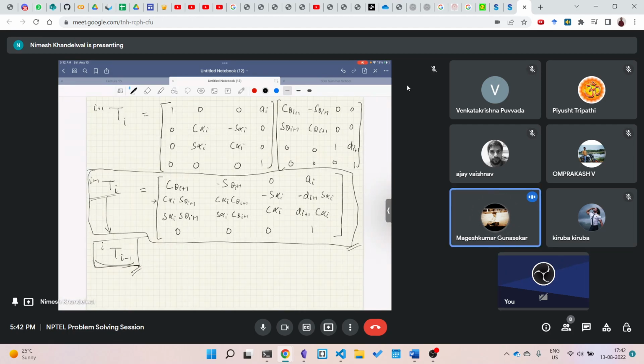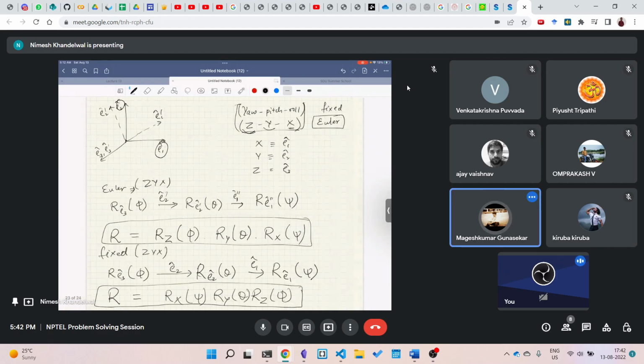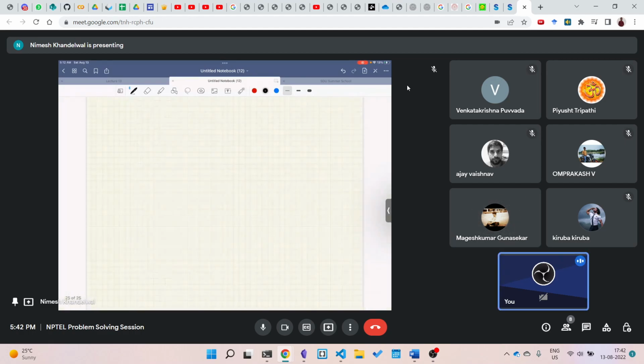Since that is done, we will take a small example, and that small example is just a 2R manipulator.